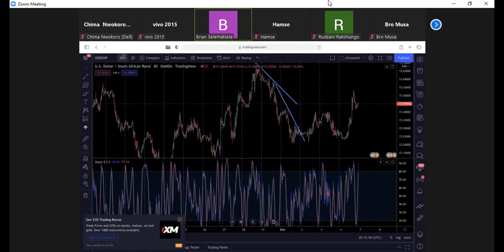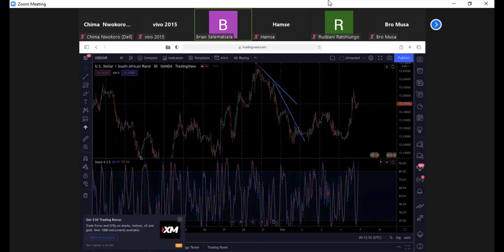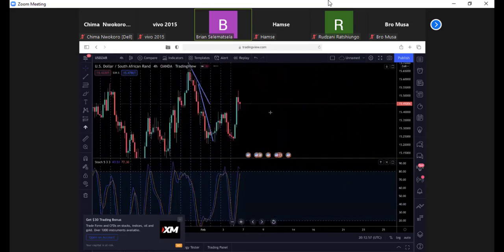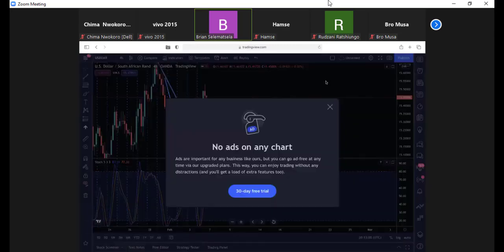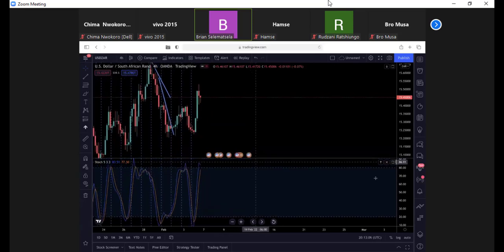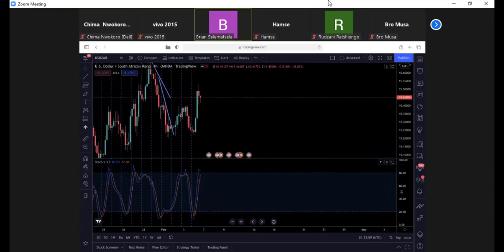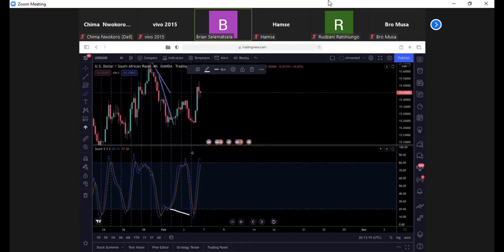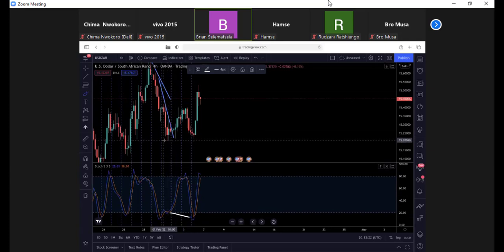So looking at time frames and being able to look at even 4 hour, we saw a very good divergence there that can give us that movement.